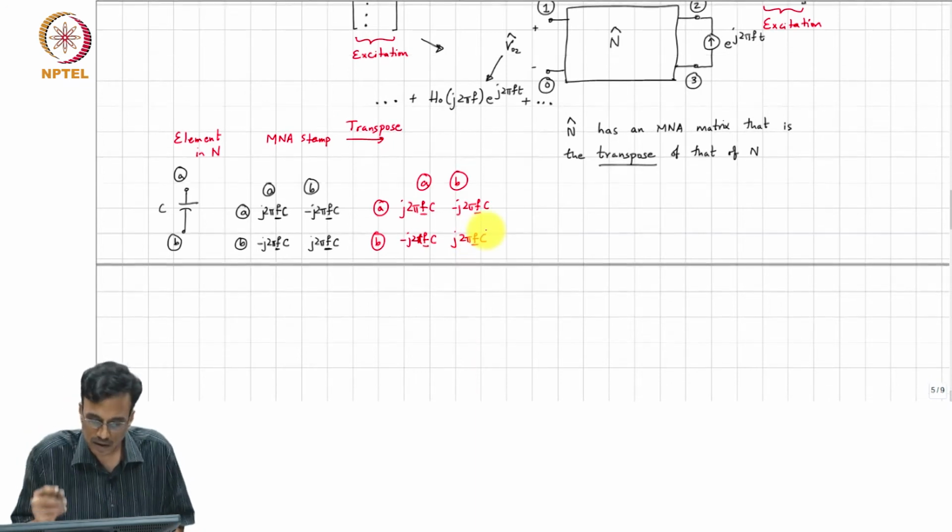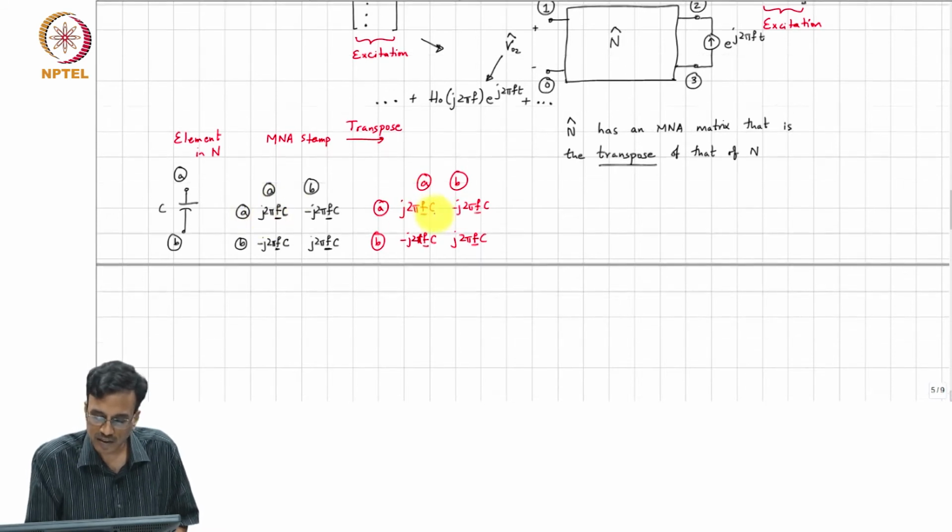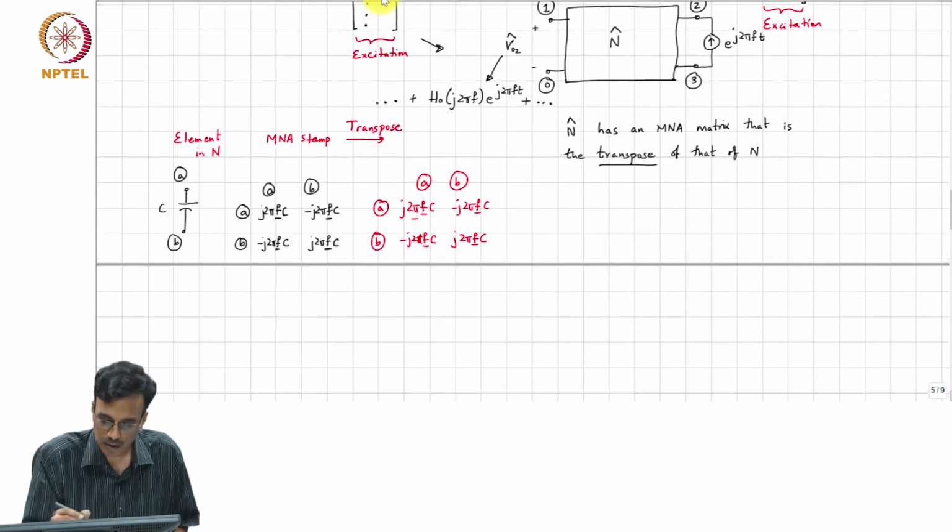See, the interesting thing is that when you transpose it, now remember all these are matrices, I mean they are not numbers, all right.